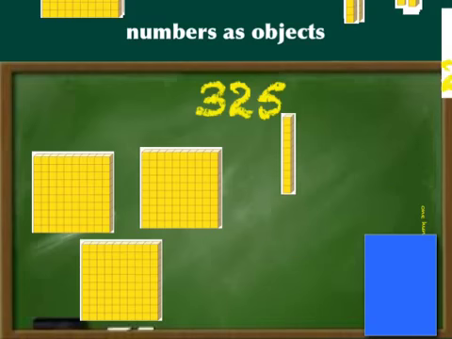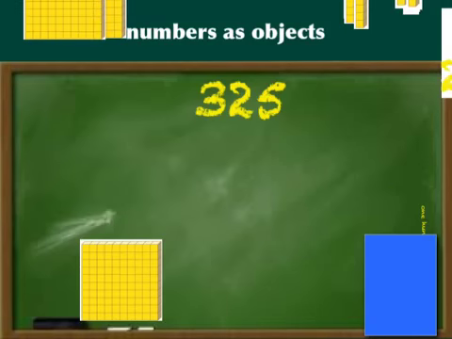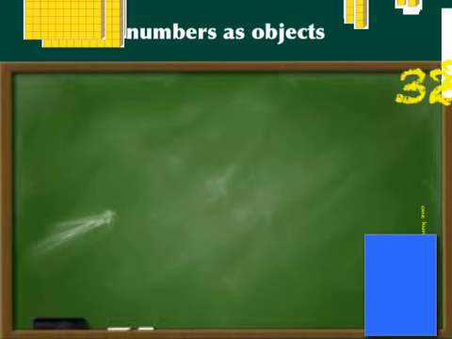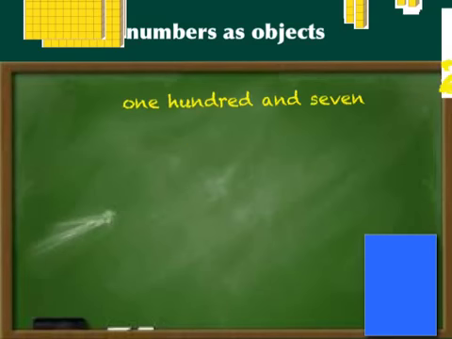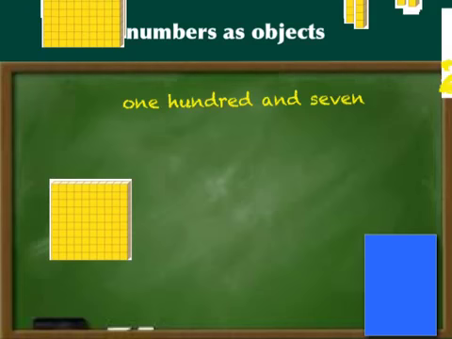Alright, we'll do one more. Let's have a look. This one. This time it's in words, but we can still solve it. Have a look at that. What blocks would you get? Okay, 100.